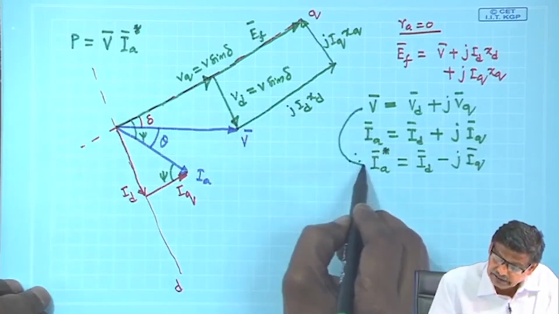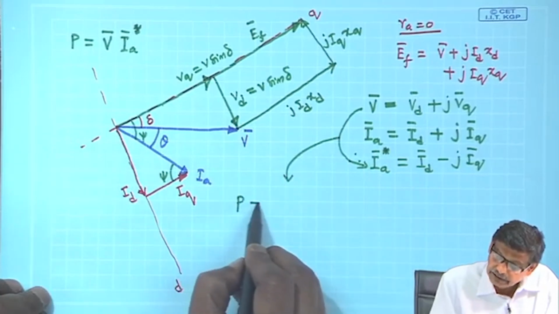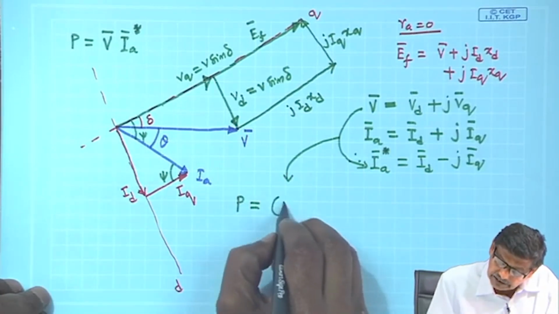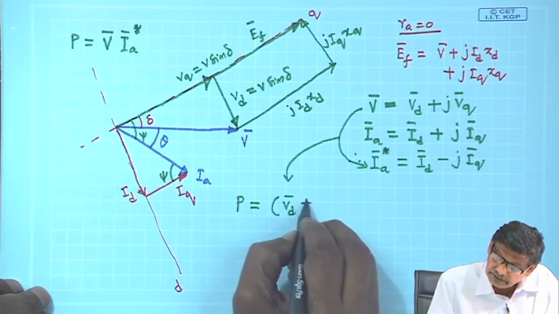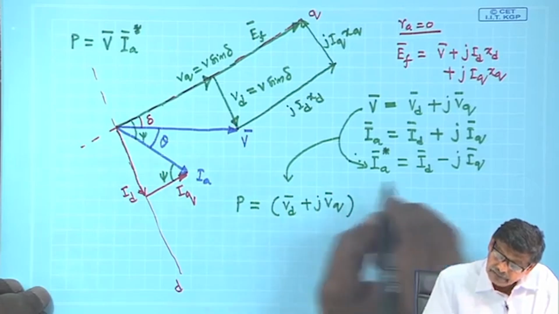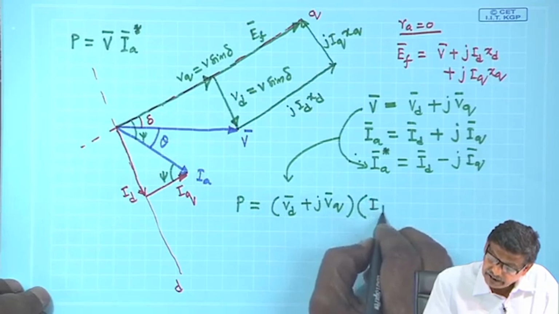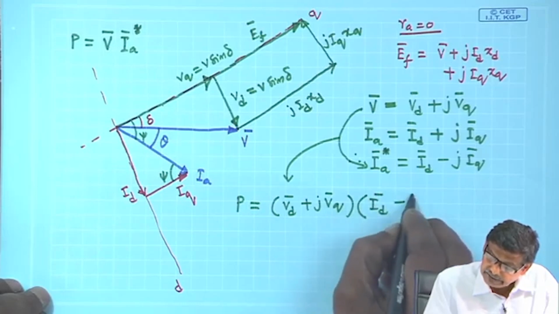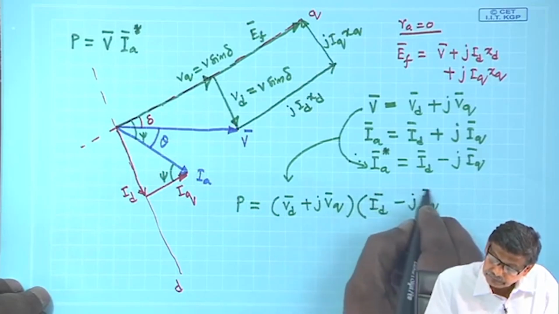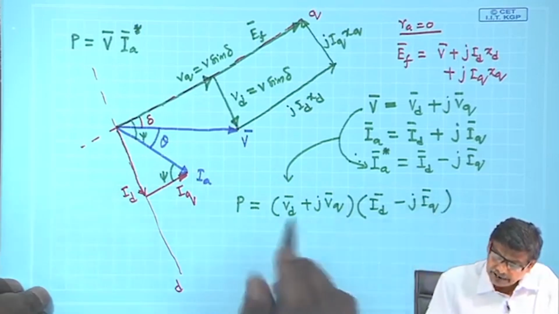Then I have to multiply these two to get power. So, let us multiply. Voltage is V_d plus j V_q and the complex conjugate of the current is I_d minus j I_q. So, open the brackets.